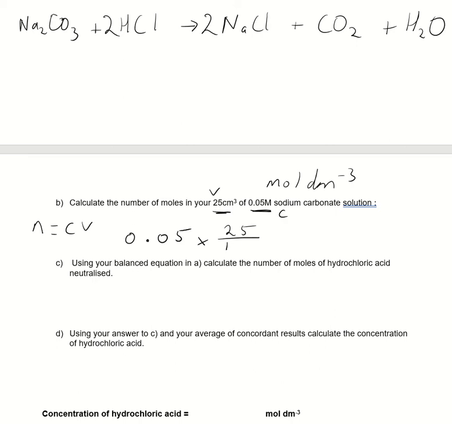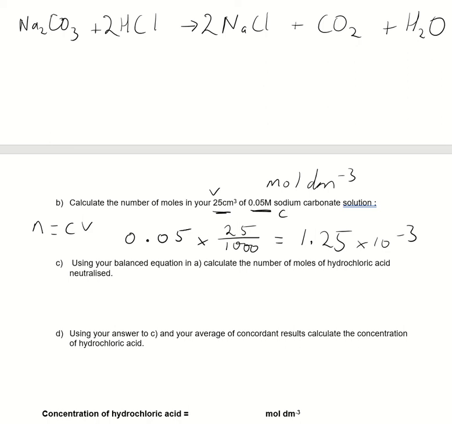Again, cm cubed, convert to dm cubed. So calculator wise, 1.25 times 10 to the minus 3.